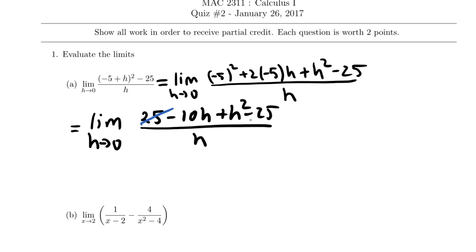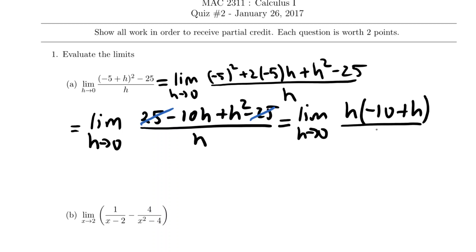You notice that this cancels, and then we can also factor out an h. So what we're going to have left is negative 10 plus h over h, and then the h's go away, and as we let h go to 0, I'm going to have negative 10 plus 0, so the answer will be negative 10.